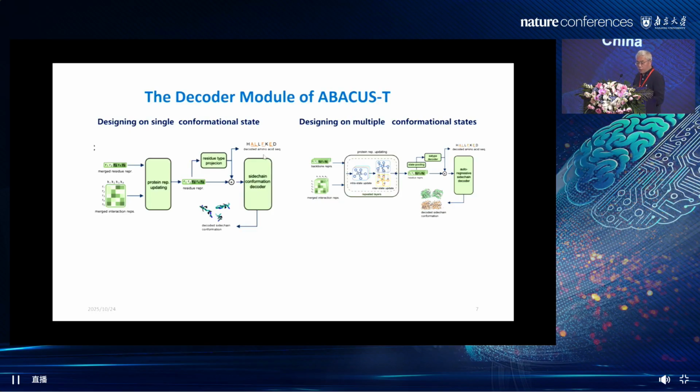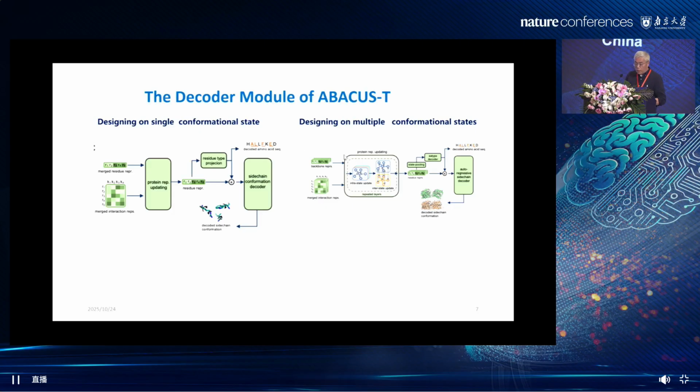So we are using a discrete state space to decode the entire sequence gradually. And also we have sidechain conformation decoders, so that all this can be sent to the iterator module, so that when the sequences are gradually optimized, they will see the intermediate all-atom structures.